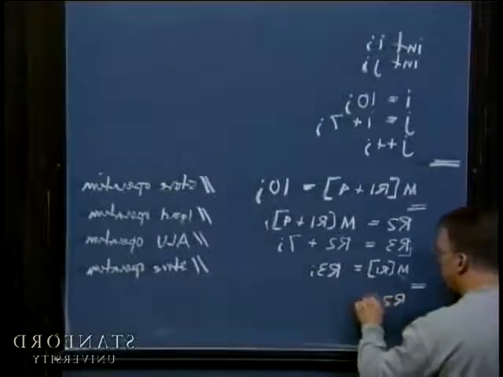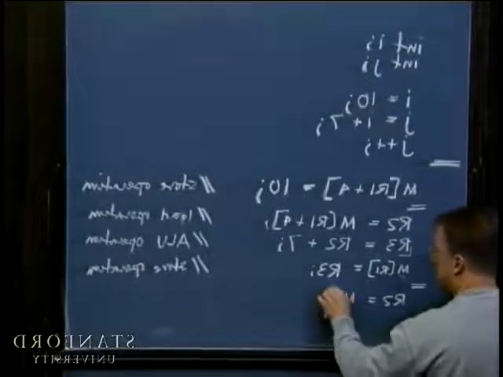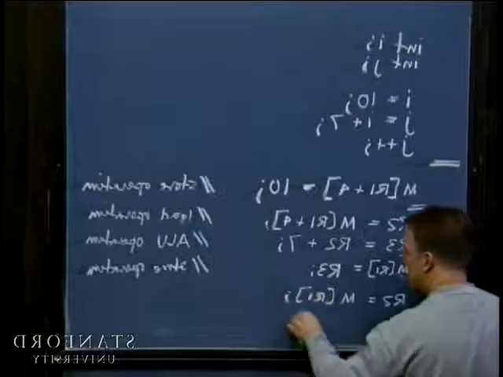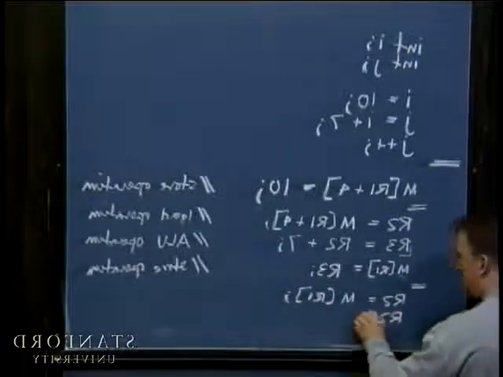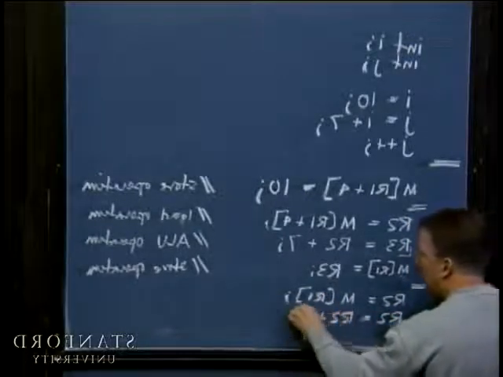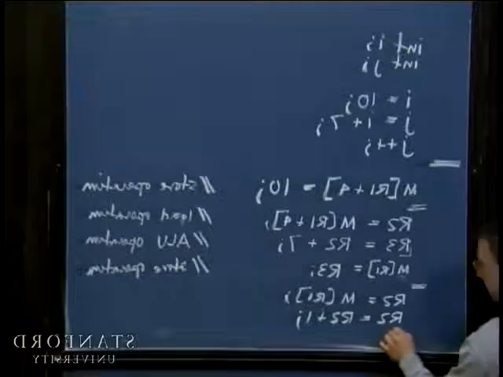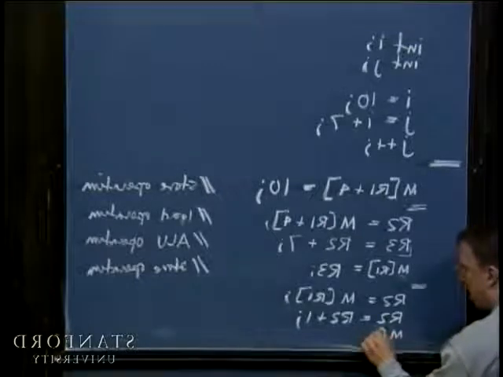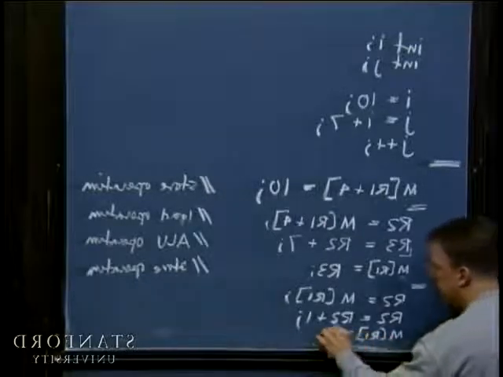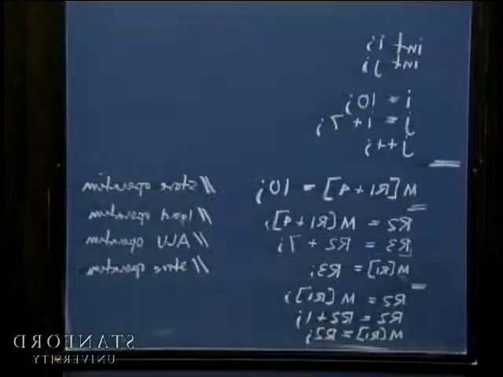I can reuse registers. I can even discard a temporary value that's in R2 if for whatever reason I want to. I don't have to write to R3 right there, and then I can do m of R1 is equal to the new value that ended up in R2.